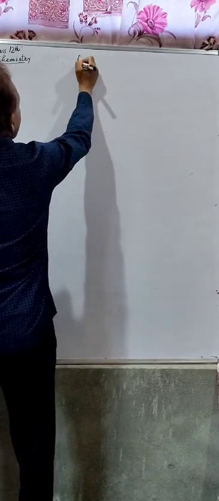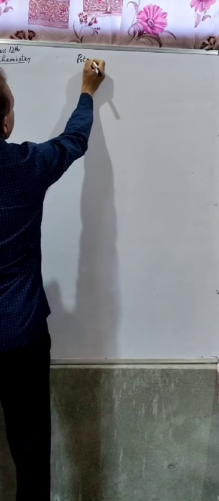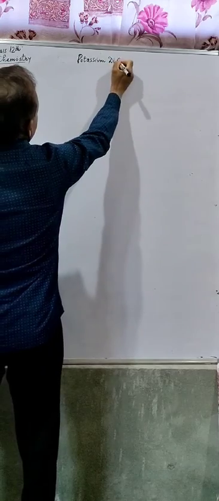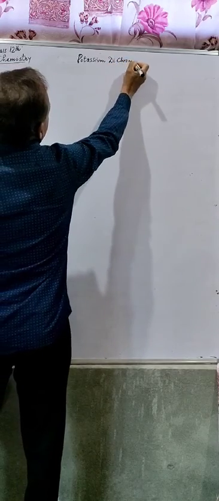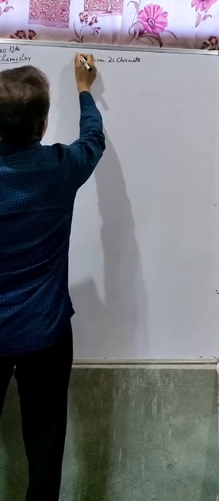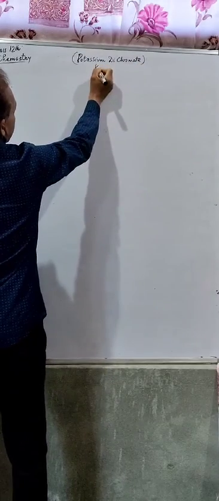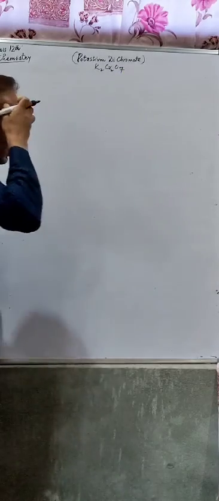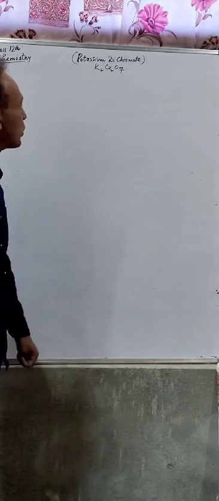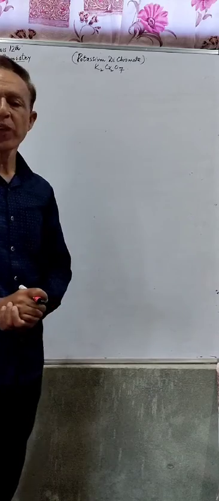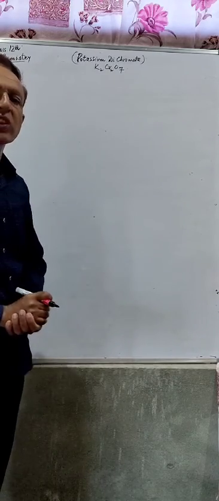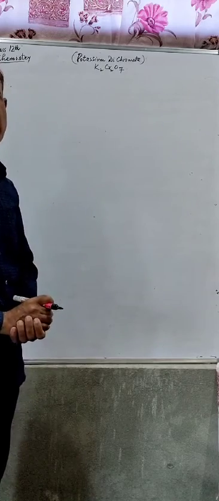Today our topic is potassium dichromate, K2Cr2O7. This potassium dichromate is obtained from the chromite ore when it is fused with sodium hydroxide.